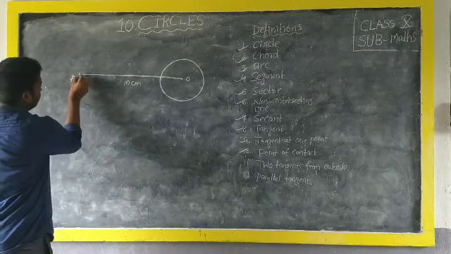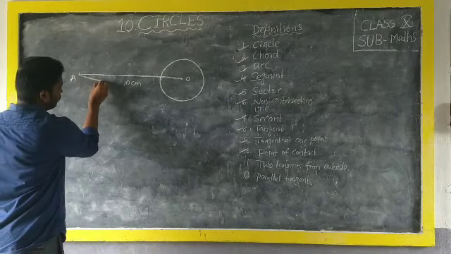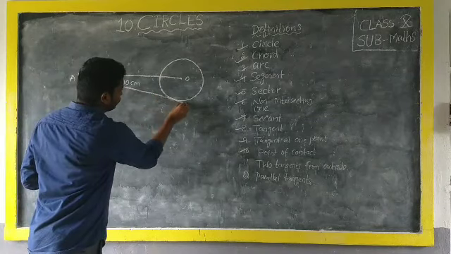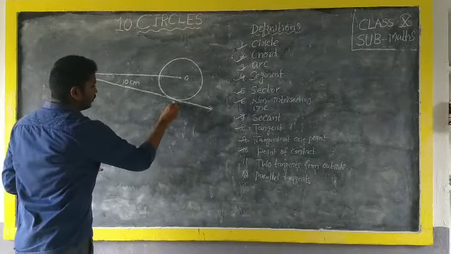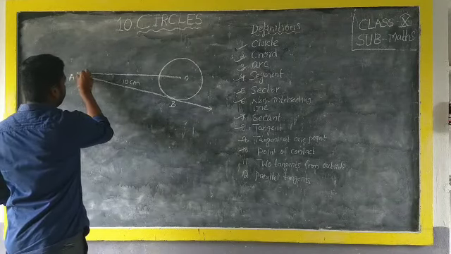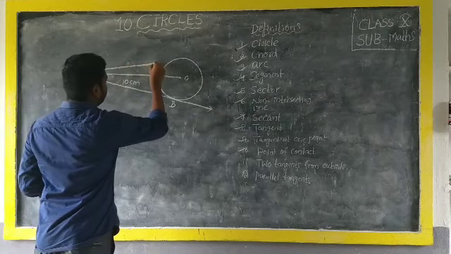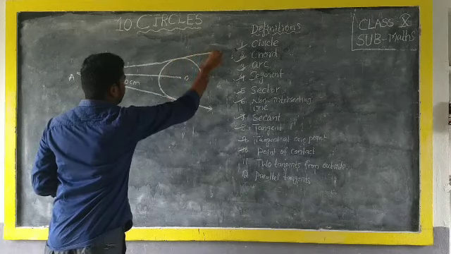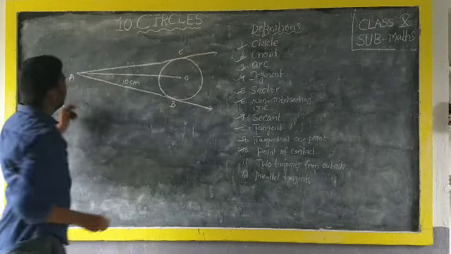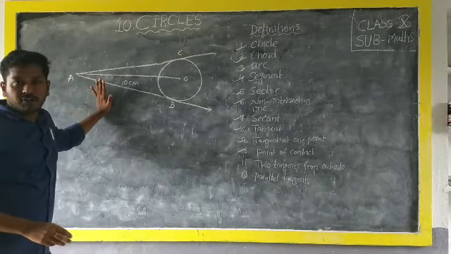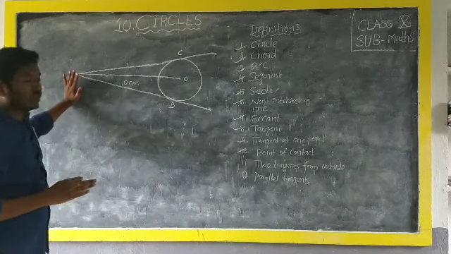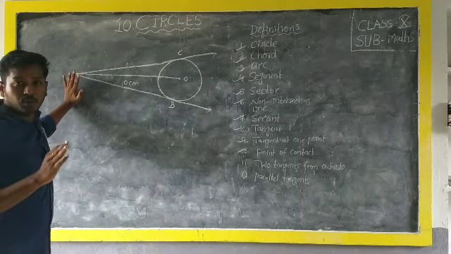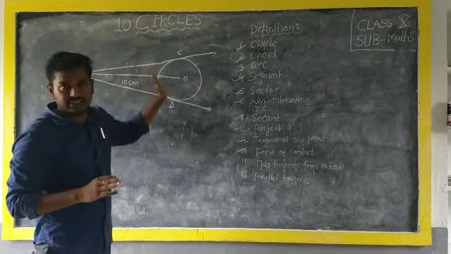If you look here, this is one tangent AB and this is AC. From a point outside of a circle, you can draw at most only two tangents.